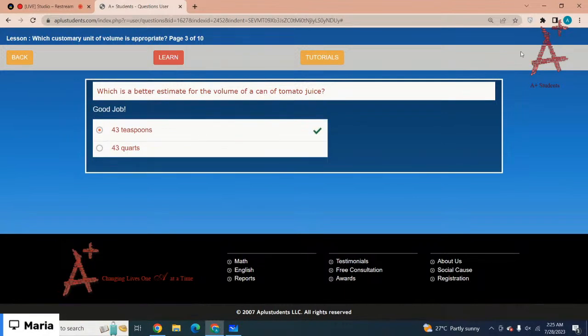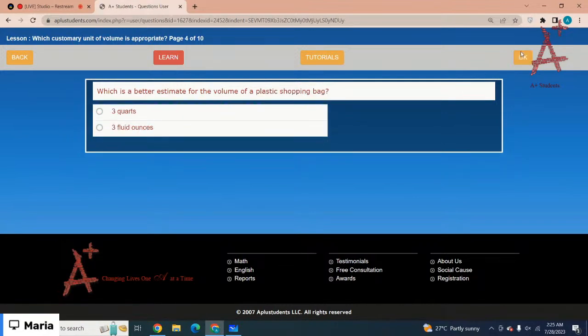Okay, let's see. Yes, it is 43 teaspoons.